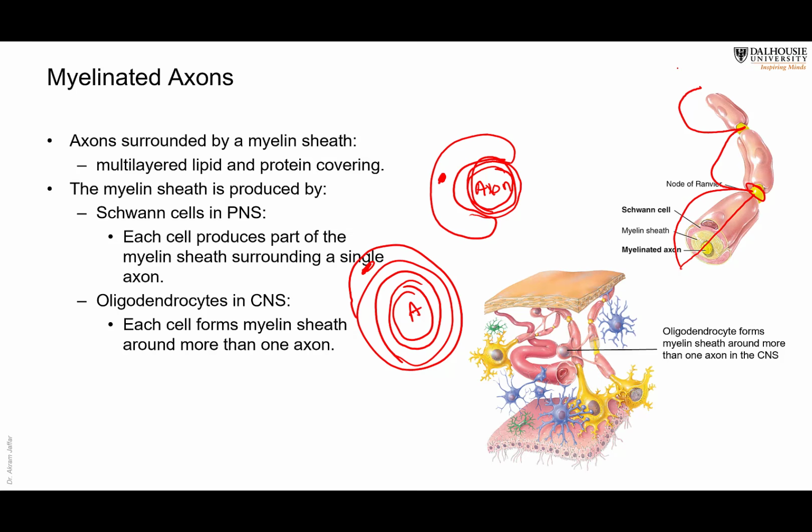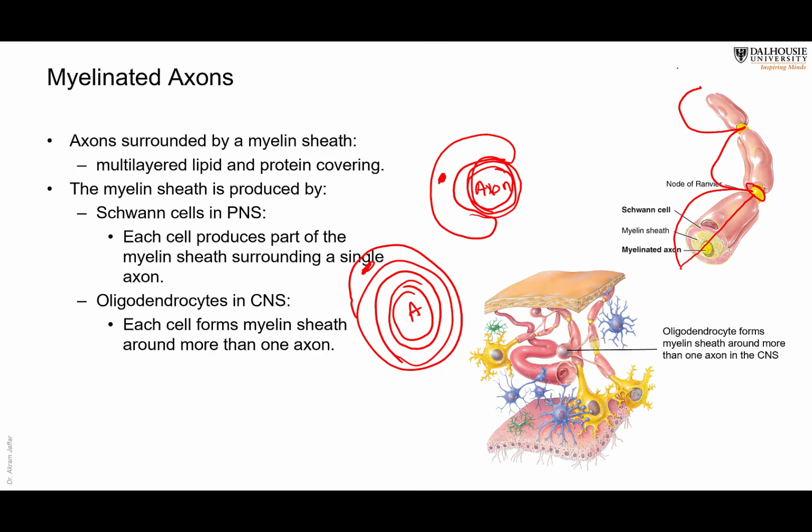Okay, so this is myelination. Myelination in the peripheral nervous system is produced by Schwann cells. Similarly, in the central nervous system, there are myelin sheaths. There are axons that are myelinated, but we don't have Schwann cells in the central nervous system. We have the oligodendrocytes.